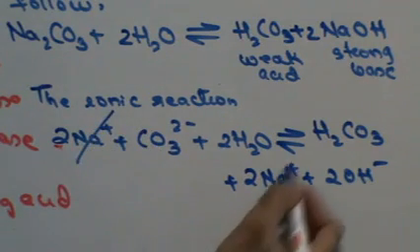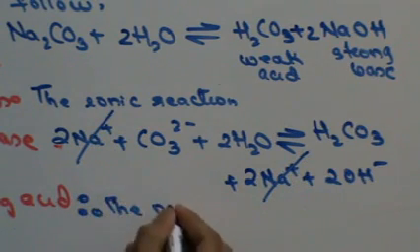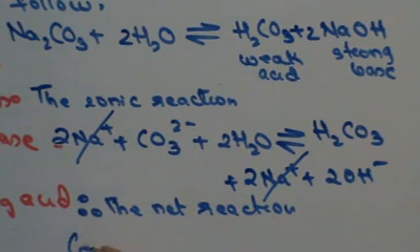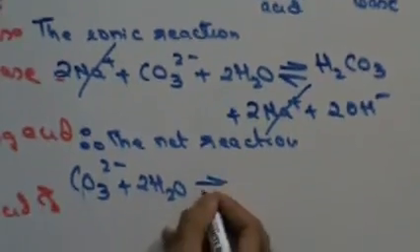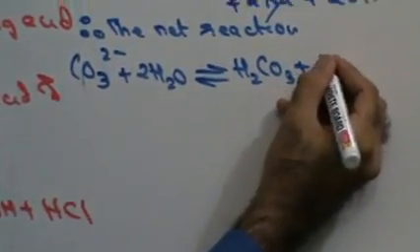Cancelling out the like terms, 2Na plus gets cancelled. Therefore the net reaction will be carbonate ions plus water gives you reversibly carbonic acid plus twice OH minus.